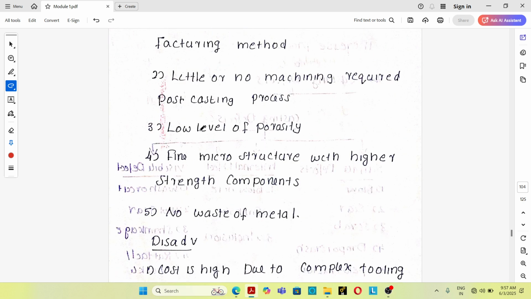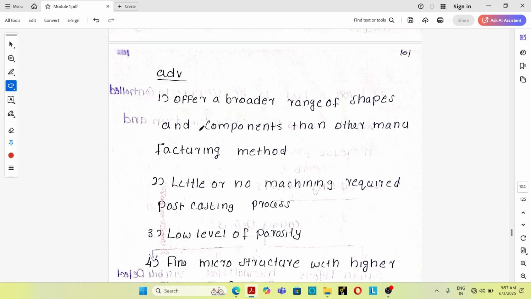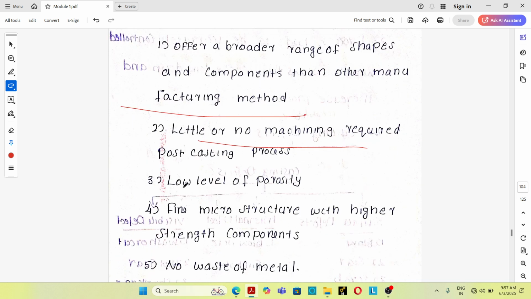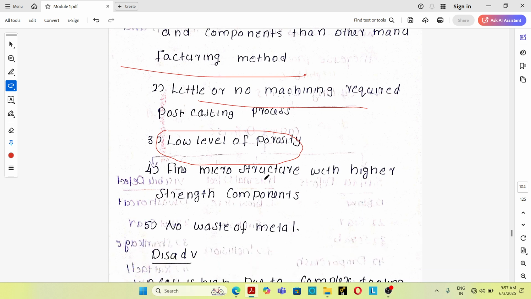What are the advantages of squeeze casting processes? It offers a broader range of shapes and components than other manufacturing methods. Little or no machining required post casting process. Low level of porosity, the defect porosity is very less. Fine microstructure with higher strength components.